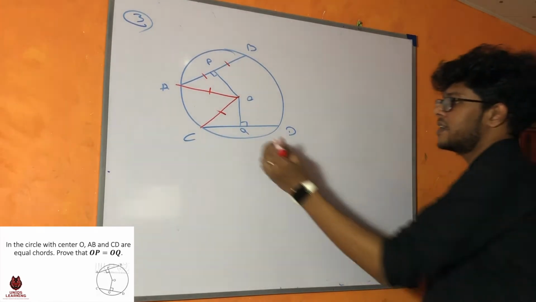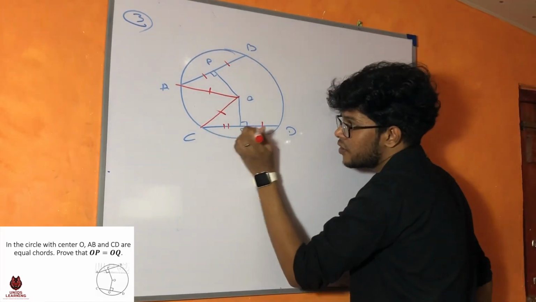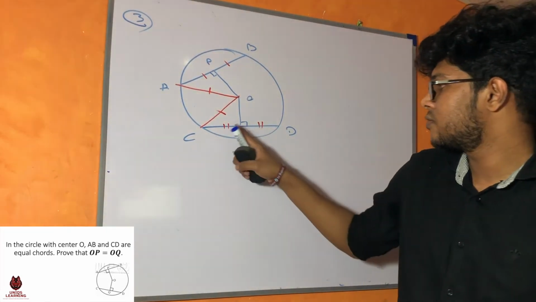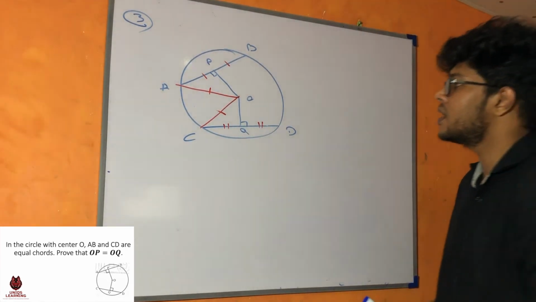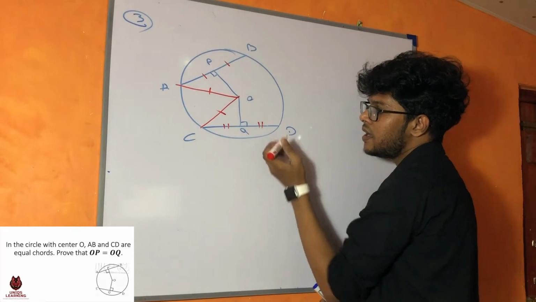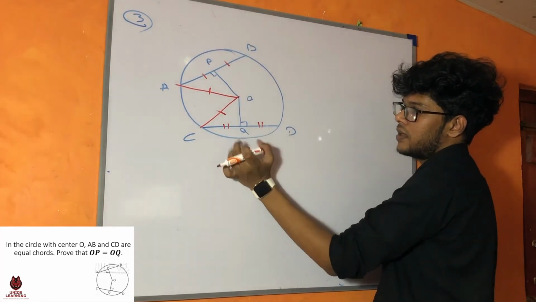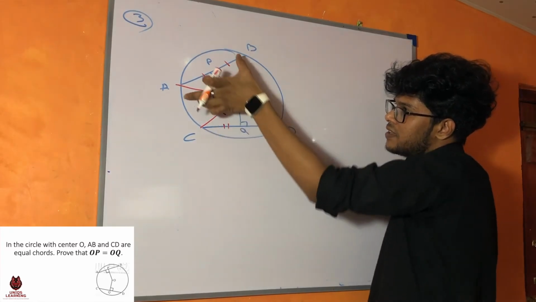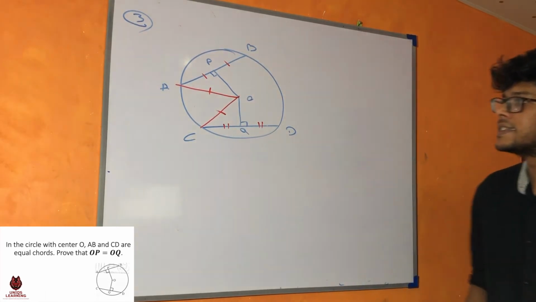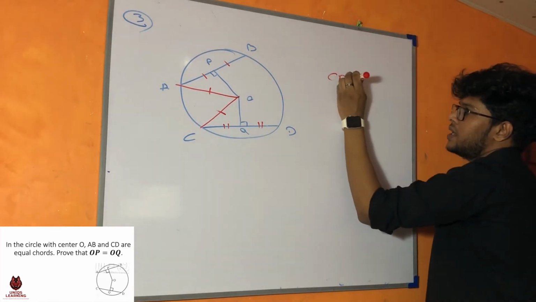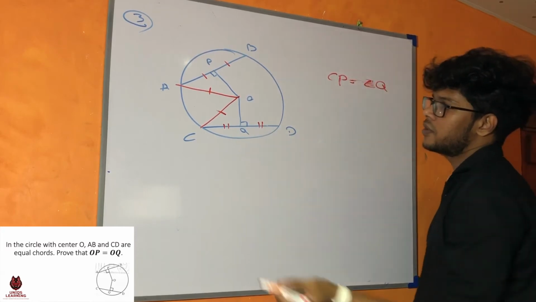But in the question it is given that AB and CD are equal chords. That means the length of this one is equal to the length of this one, so this will be half of this one, and this will be half of this one. So obviously AP is equal to CQ. You can write AP equal to CQ.